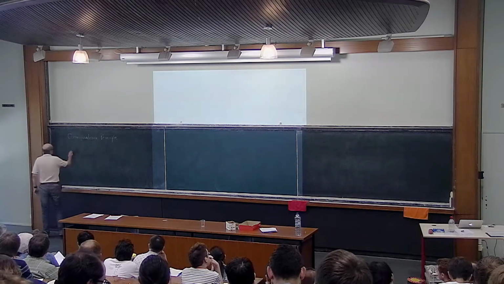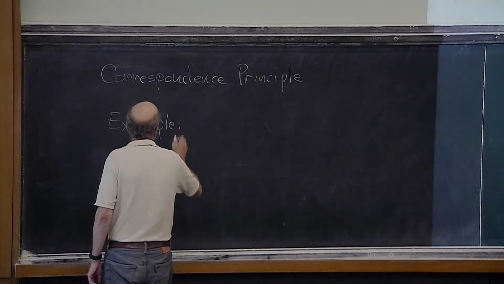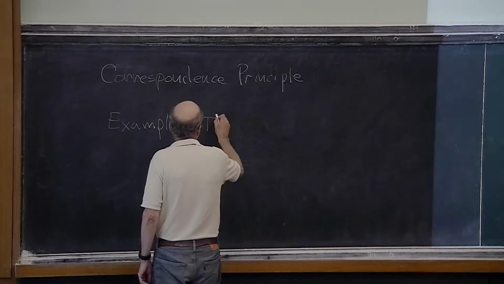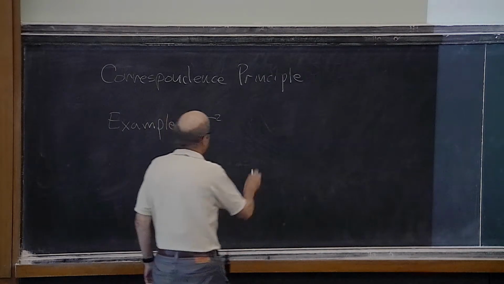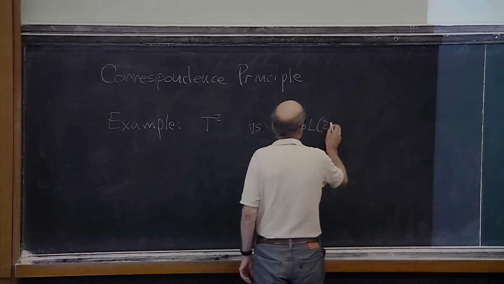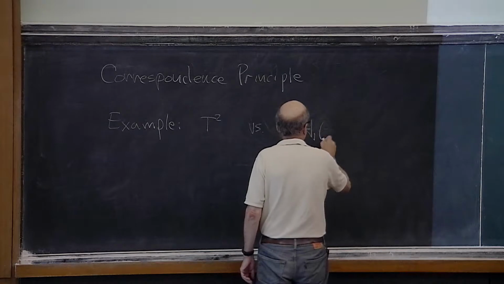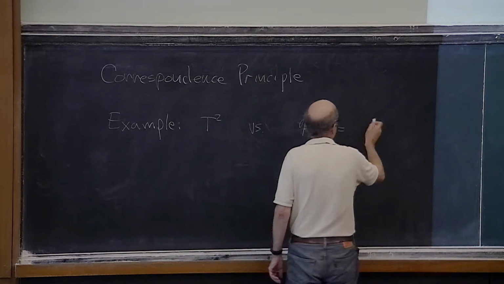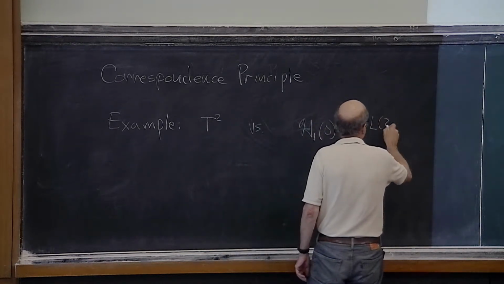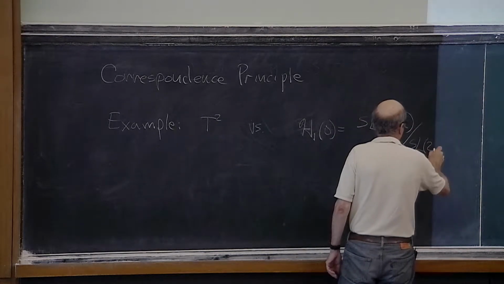So, an example of a correspondence principle. The torus T2 versus the moduli space H10, equal to SL2R mod SL2Z.